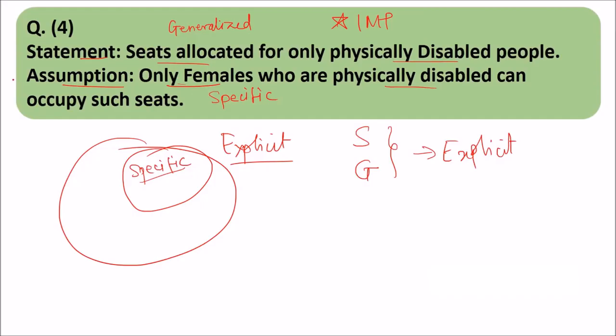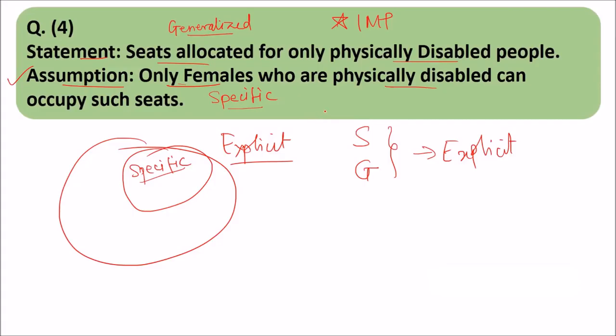So here you can directly say by logic that the assumption is very wrong. But still remember, when the statement is generalized and the assumption is specific, the assumption is explicit, and the opposite is also true. Statement specific, assumption generalized, then the assumption will be explicit, that is, false.